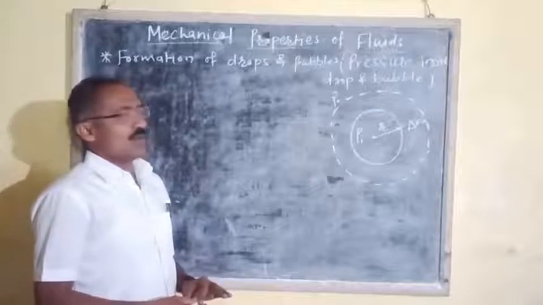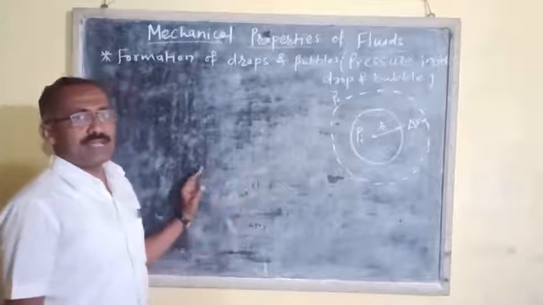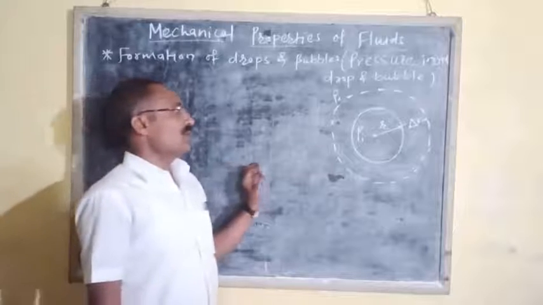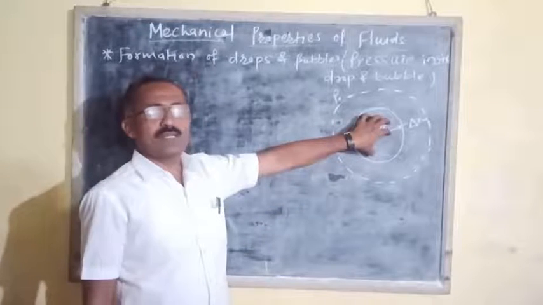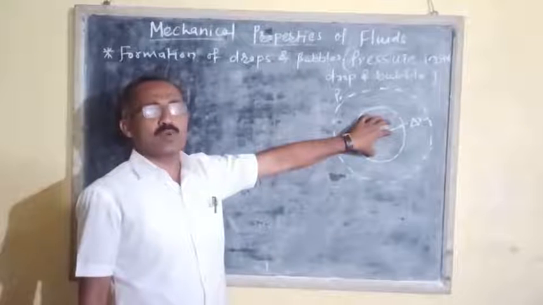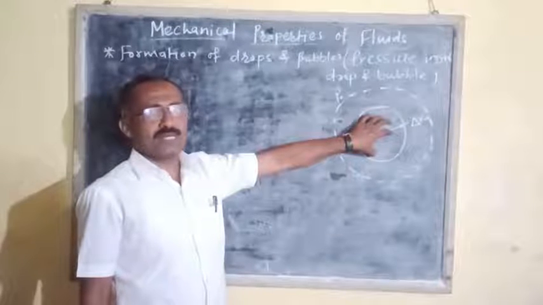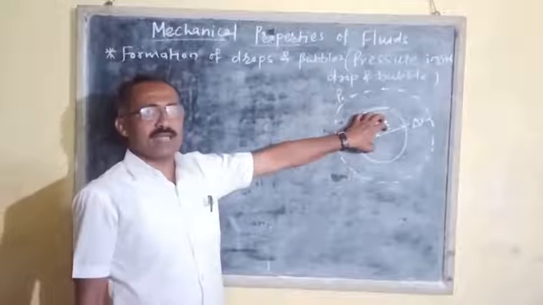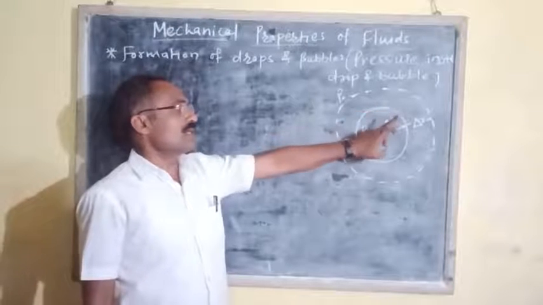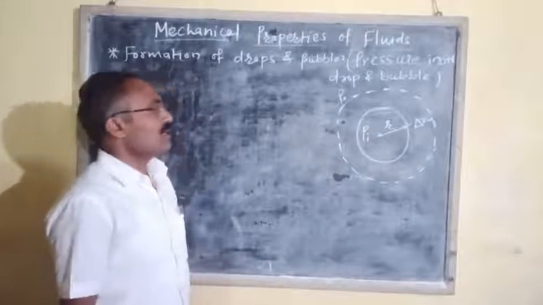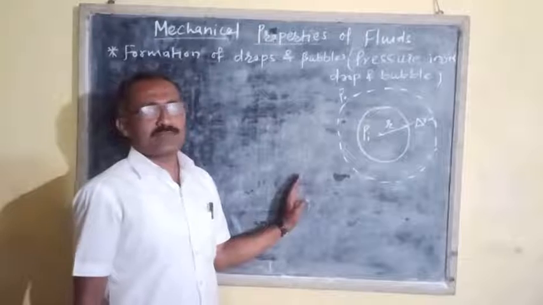The resultant of the force due to surface tension and the gravitational force will be smaller as compared to the pressure inside the drop, so the drop or bubble does not collapse. That means the pressure inside the soap bubble will be larger as compared to the resultant of the force due to surface tension and the gravitational force, and therefore the liquid drop does not collapse.